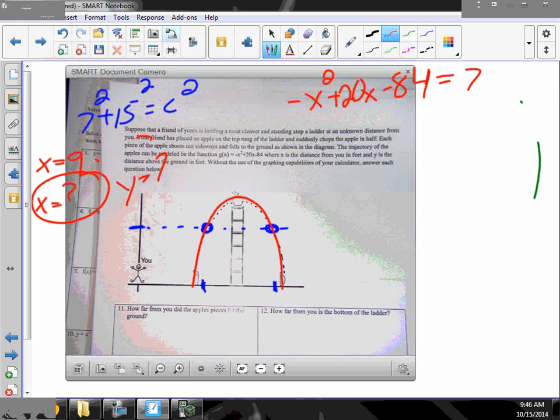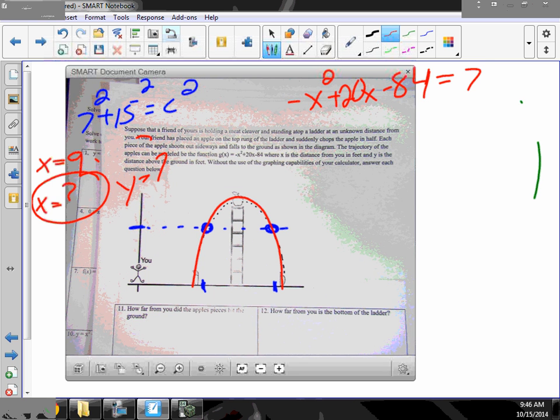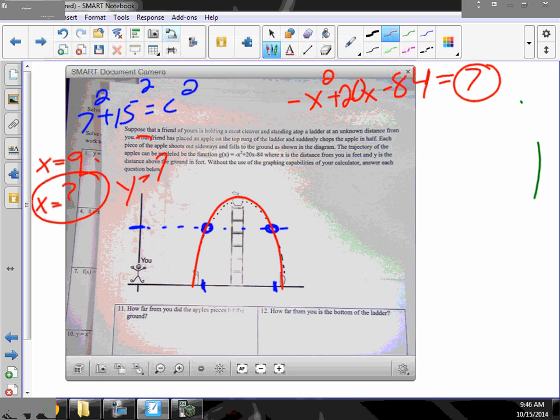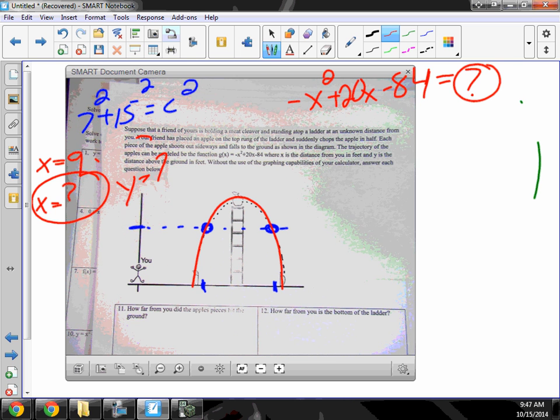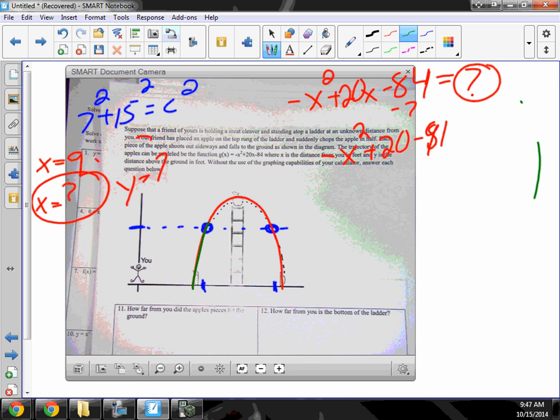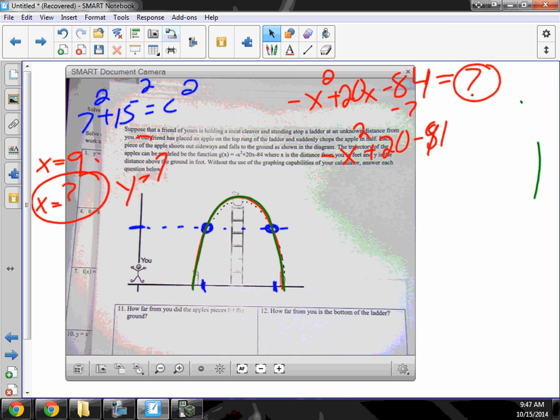But I can't solve a quadratic unless this is a 0. If you want to factor or complete the square or use the quadratic formula, it will only work if there's a 0 on the other side. So I subtract 7: negative x squared plus 20x minus 91. So what that does is take my original parabola and pull it down 1, 2, 3, 4, 5, 6, 7.